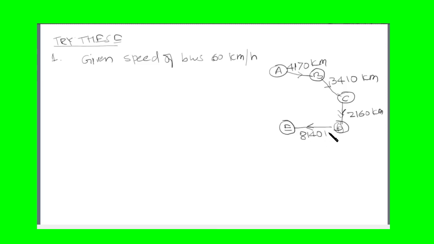From E to F, the distance given is 4830 kilometer. F to G, distance given is 2550 kilometer.